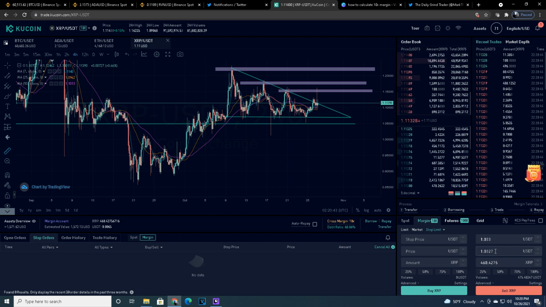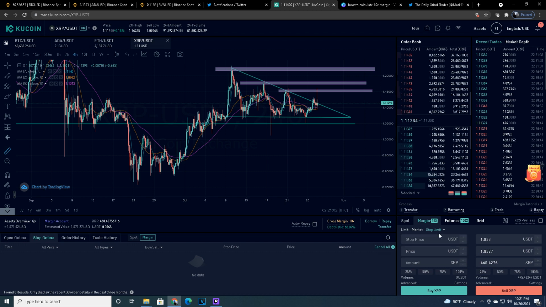It'll sell anywhere in that range, just in case it's a quick spike and the 1.033 is gone before the sell can be done. You have a little bit of a range so that you can sell and get out of the trade if it's a very fast dump, like a flash crash.